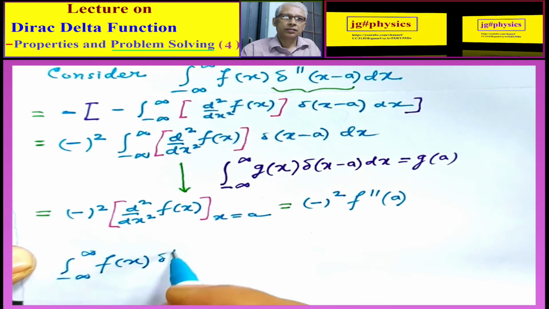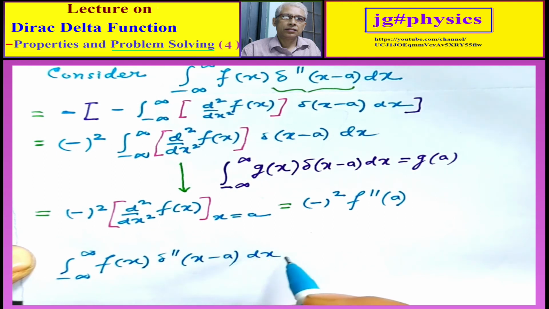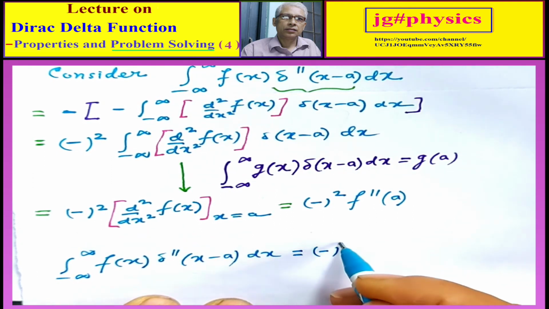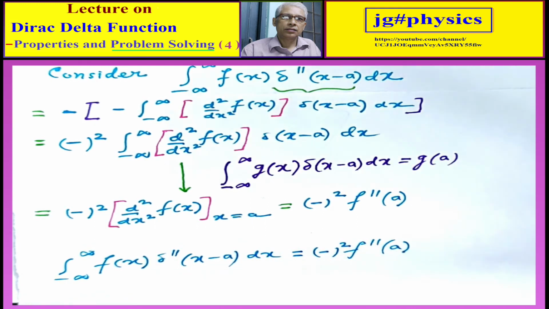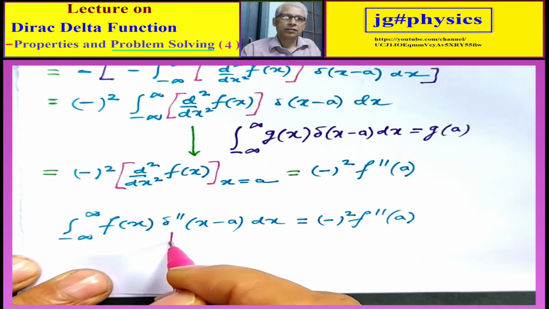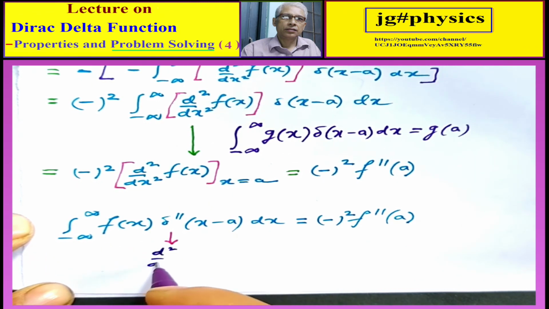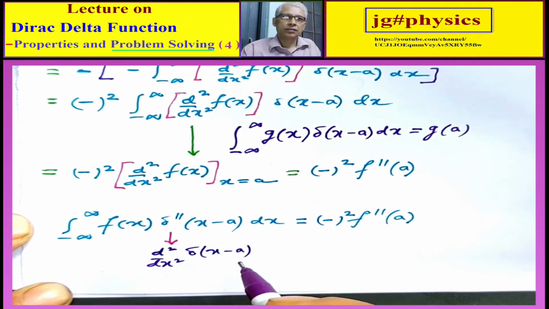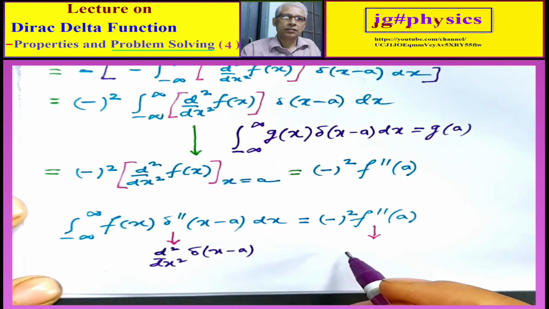Let us rewrite the result. Let us be reminded that delta double dashed is in fact a double derivative, and so is f double dashed.